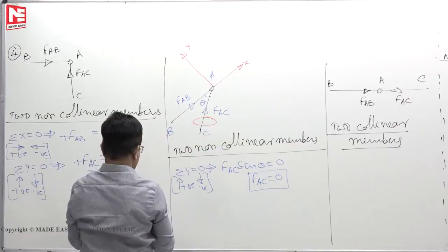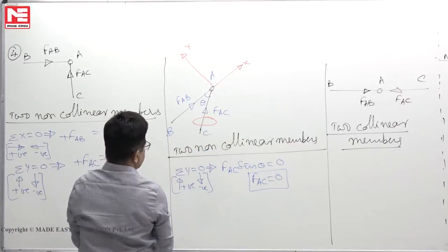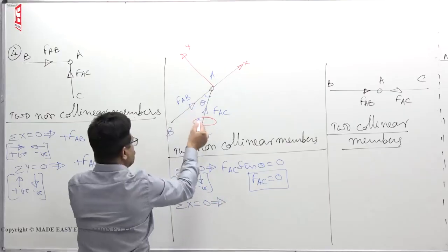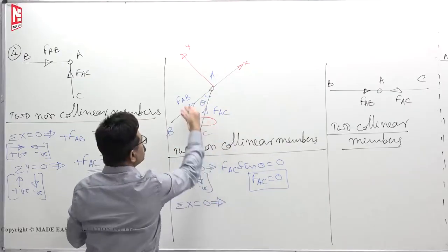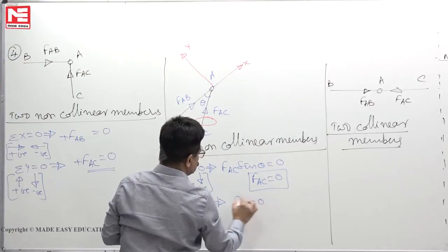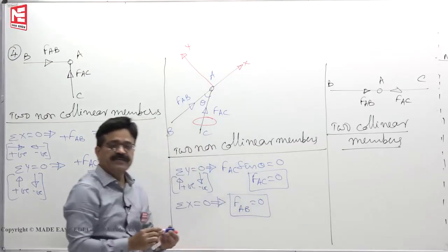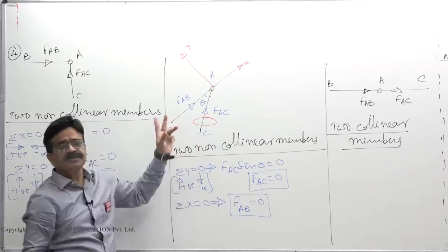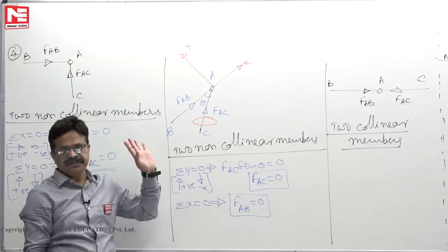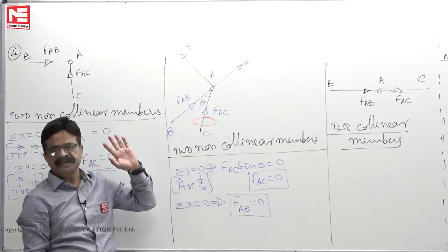Once this is 0, I can now write sigma x is 0. I will find that this member is not there, so cut it, remove it, only one member. This FAB has to be 0. So you will find that whether the angle between the two members is 90 degrees or not, forces in both members have to be 0, otherwise the joint will not be in equilibrium.